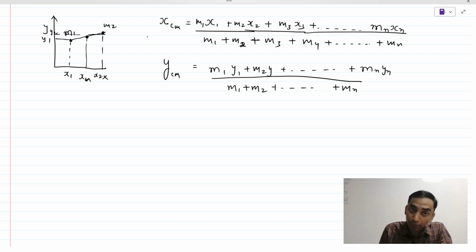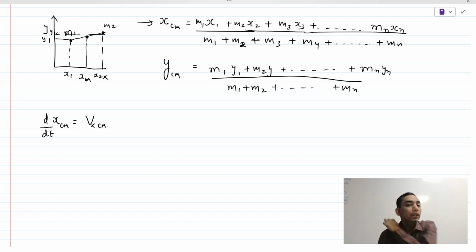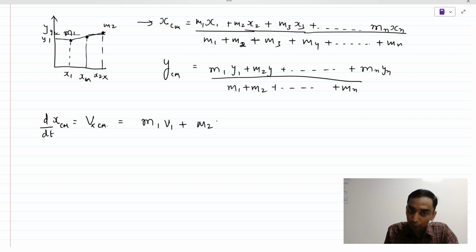Once we differentiate this equation with respect to time, d by dt of xcm, we get vxcm, the instantaneous velocity component. This will be m1 v1 plus m2 v2 till mn vn divided by m1 plus m2 till mn.